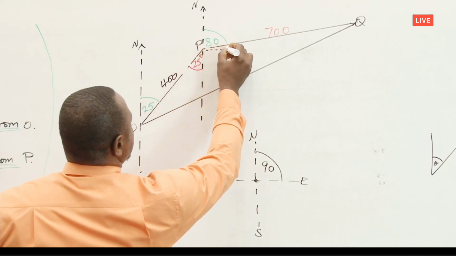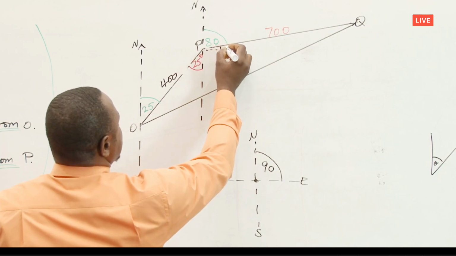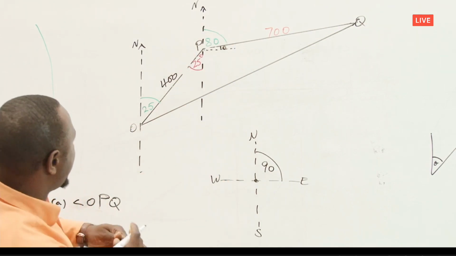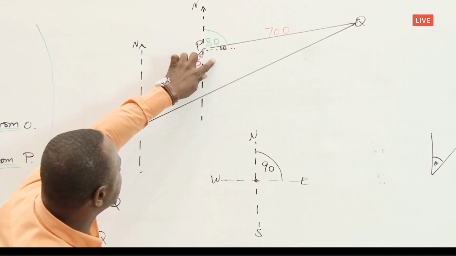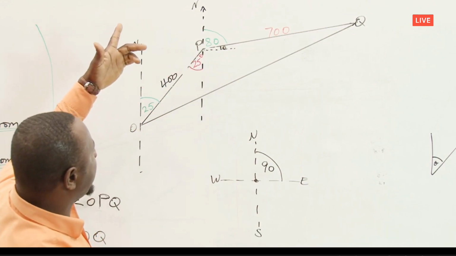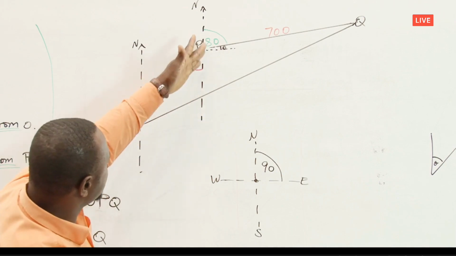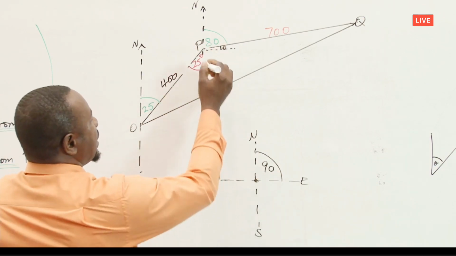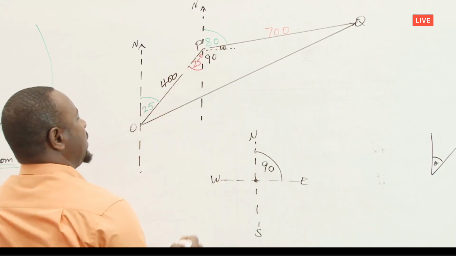So this is 10 degrees there, because 80 and 10 gives 90. And then here, we have a complete 90 degrees. We know it's complete 90 because this is our south coming down there. So from east to south, we have another 90.